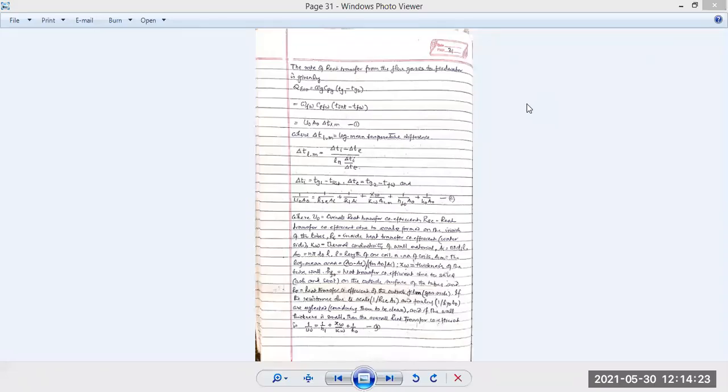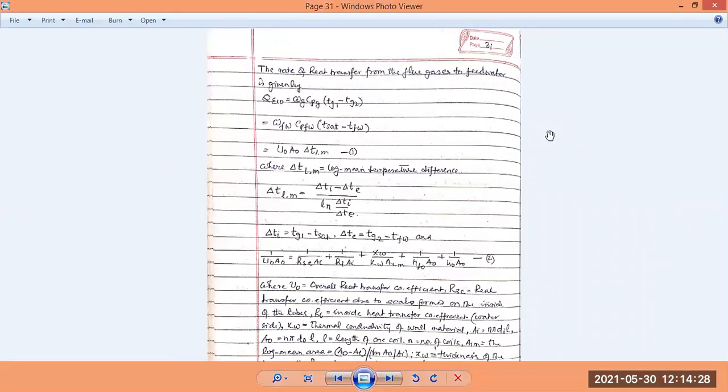So what we are getting: the rate of heat transfer from the flue gases to the economizer is given as Q. The amount of heat that goes to the economizer is omega G into CPG, where omega G is the mass flow of the gas and CPG is the specific heat of the gas, multiplied by Tg1 minus Tg2.